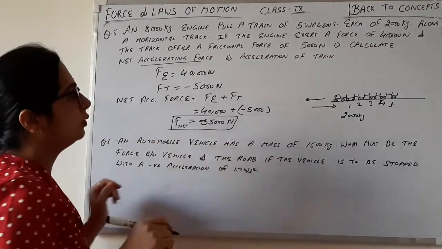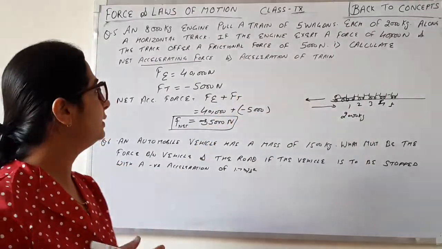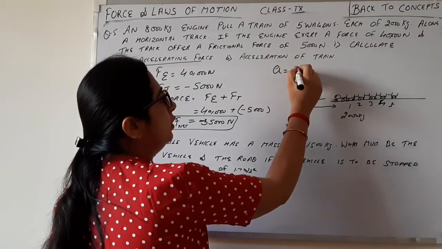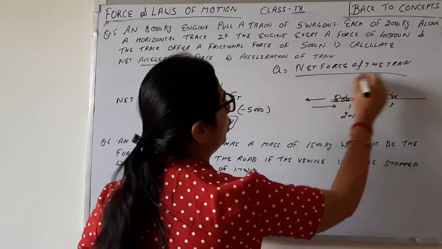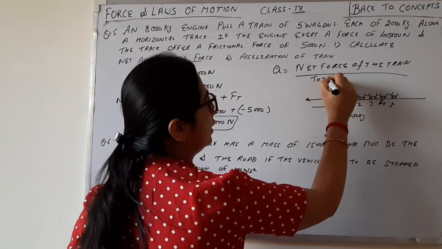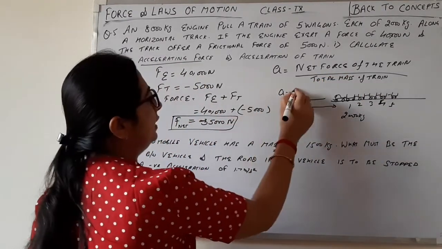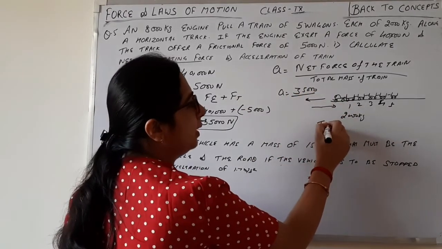Okay. Now secondly, we have to find the acceleration of the train. So what is the acceleration of the train? Acceleration of the train is equal to net force of the train upon total mass of the train. Here the net force is equal to 35,000. So what is the total mass here?